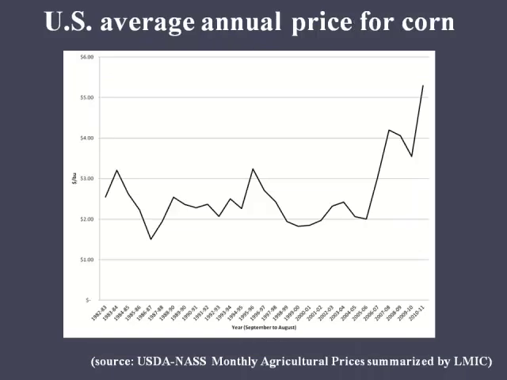As Tom mentioned, US average annual price for corn has been around $2.50 a bushel since 1982 through the mid-2000s, and we are now in uncharted territory. And it's not good news for anyone in this room, I'm sure.